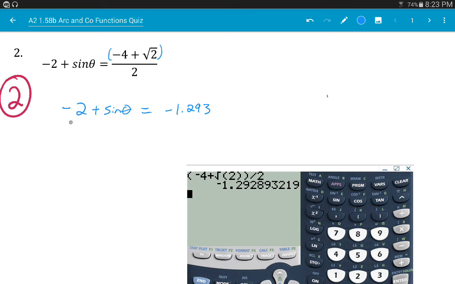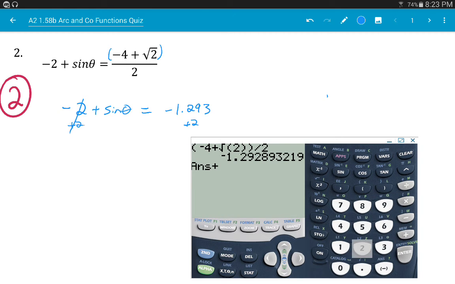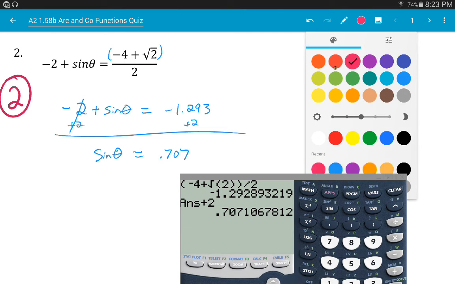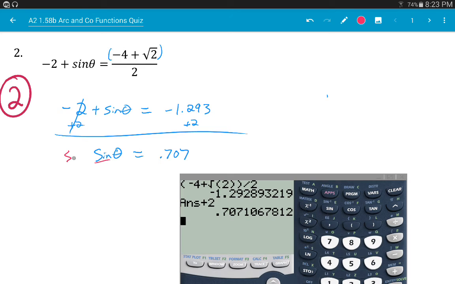Okay. Now I'm going to have to add 2 to both sides, because remember I want theta, so plus 2 in my calculator, 0.707. So I get that sine theta is equal to 0.707. And now I'm going to get rid of the sine by using the arc sine, which is what we call like the anti-sine, the inverse sine.